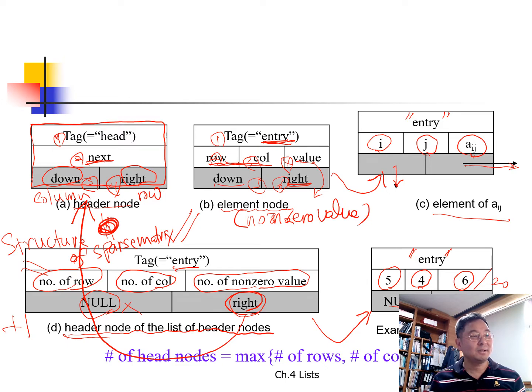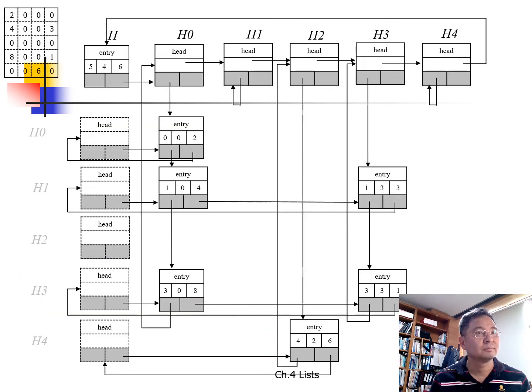Okay, so we already know that the number of header nodes is the maximum of the number of columns and the number of rows. Okay, this is an example of this representation. This is a 5 by 4 sparse matrix.